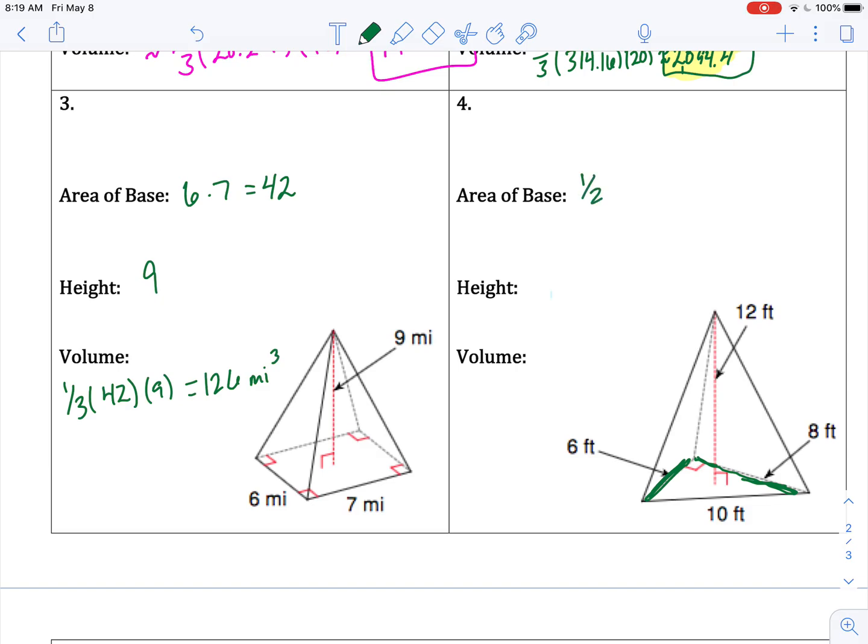That's 1/2 base times height, which is 1/2 6 times 8, or 24. And the height we know is 12. So I'm going to take 1/3 of area of the base times the height, which should be 96 cubic feet.